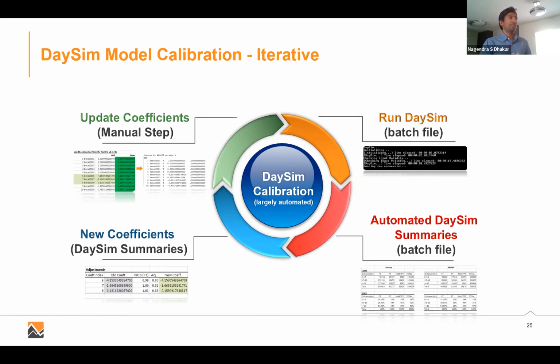So those are the new coefficients that are calculated within those summary spreadsheets, which are part of the DaySim summaries outputs. Once you have those new coefficients, you copy those, and that is the manual part. You copy those new coefficients from those summaries and paste them manually in the DaySim coefficient file, and then again rerun the batch file for the next iteration.